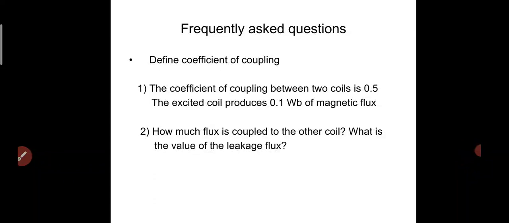It is a measure of how close the coupling between two coils is. It gives an idea of what portion of the flux produced by one coil links with the other coil.